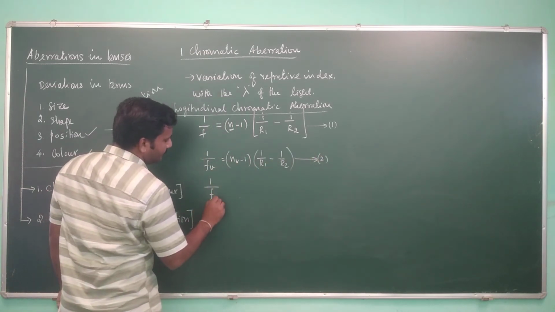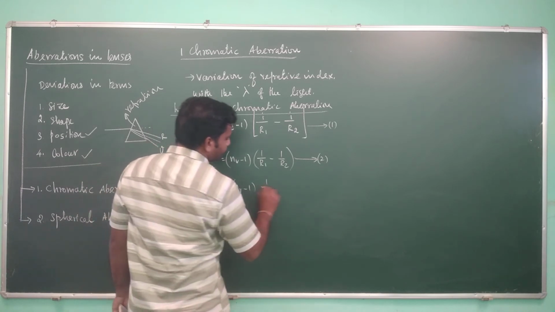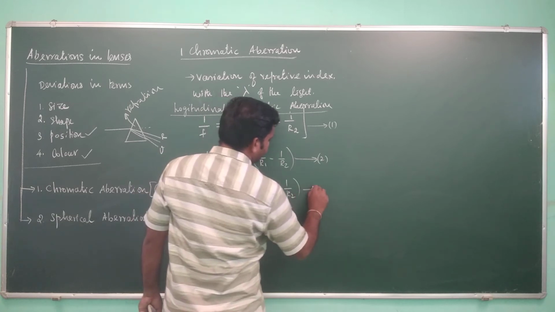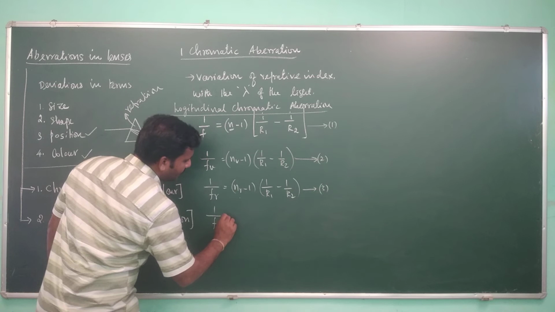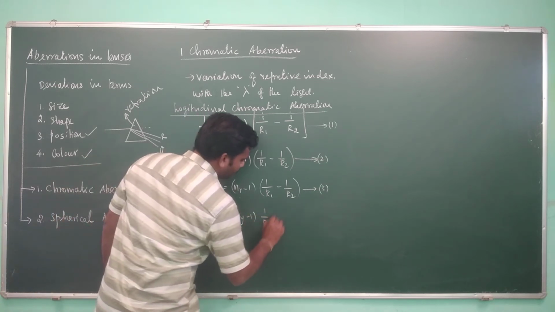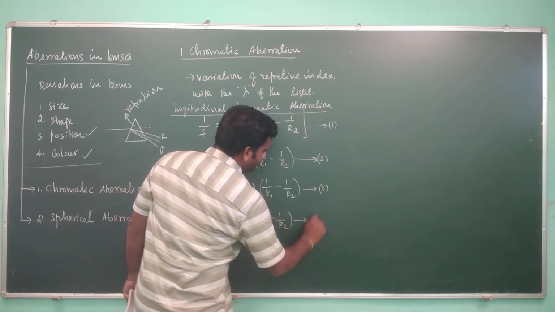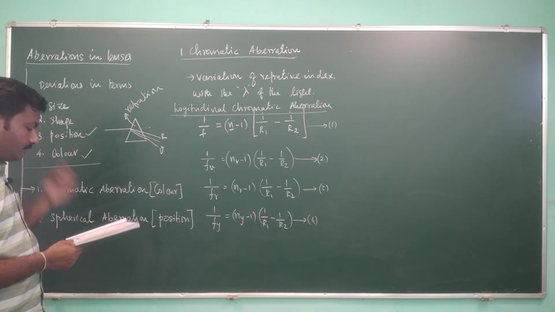Then the focal length of red color as (NR minus 1) times (1 by R1 minus 1 by R2), equation 3, and yellow color (NY minus 1) times (1 by R1 minus 1 by R2), equation number 4. Now subtract equation number 3 from equation number 2.